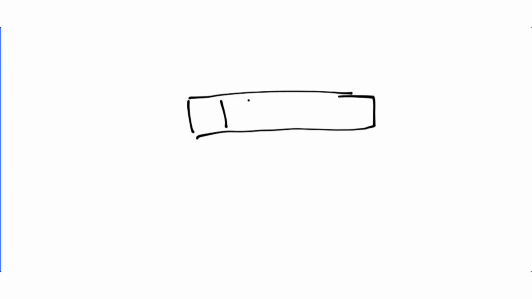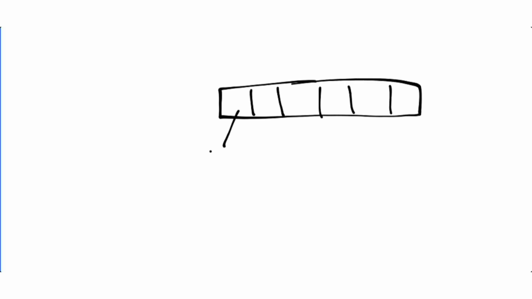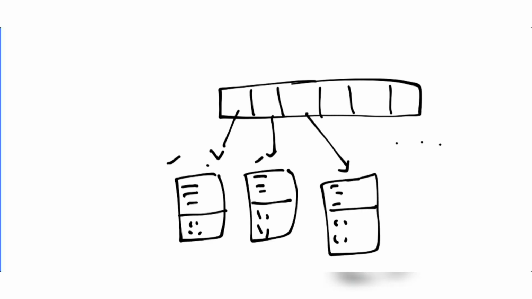In arrays we store data members, like numbers or characters. Similarly, here we have an array of student objects. In each of these spaces we will have the objects, so this whole thing will be stored here.